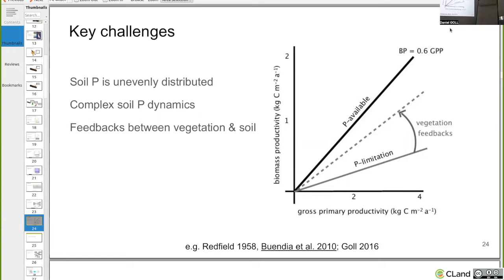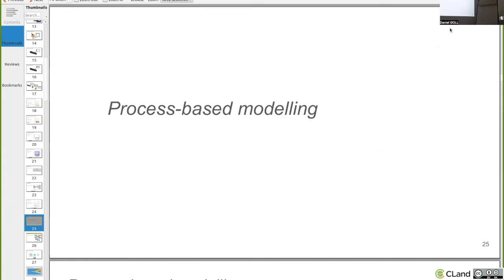And this is a feedback between vegetation and soil, and this also has to be considered if you want to know how much phosphorus is available on time scales of decades to centuries. So these are the three key challenges, and these tools I showed before, where you use these concepts of homeostasis, fail, we think, because they cannot really cover these aspects. So what's better suited to tackle this challenge are process-based models.